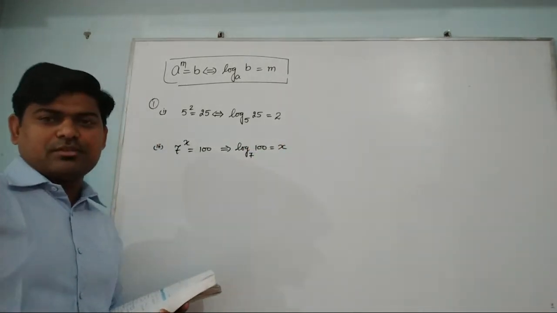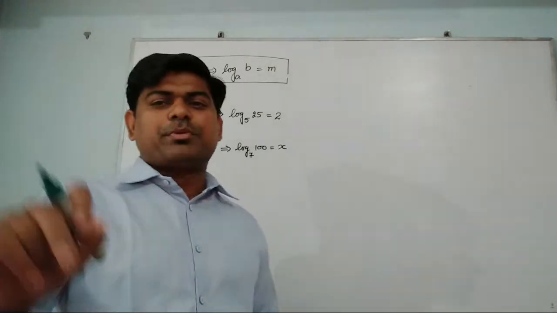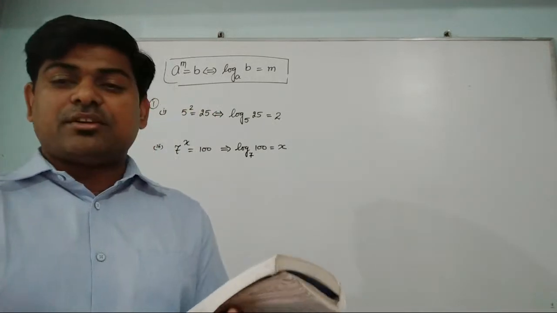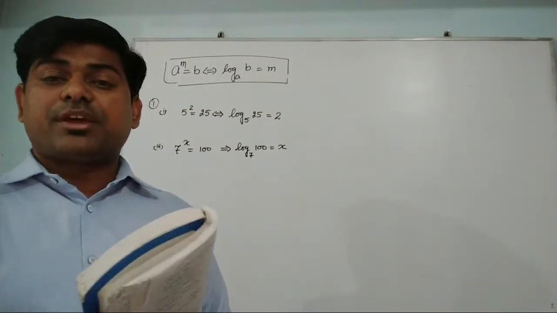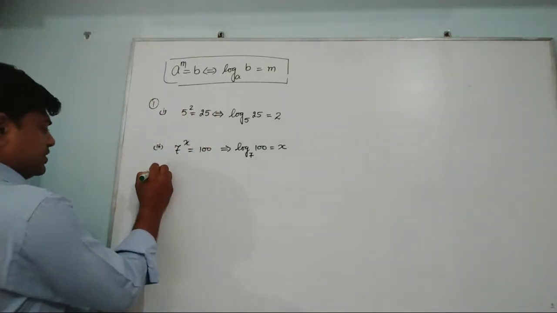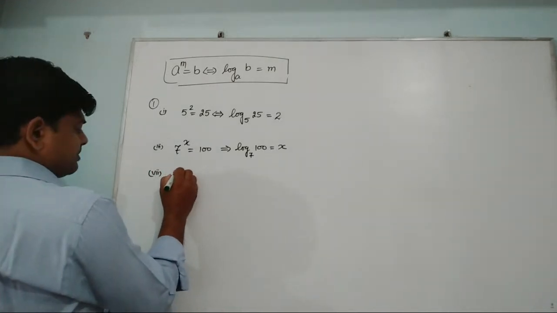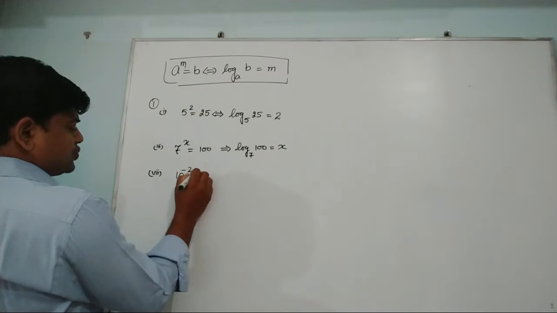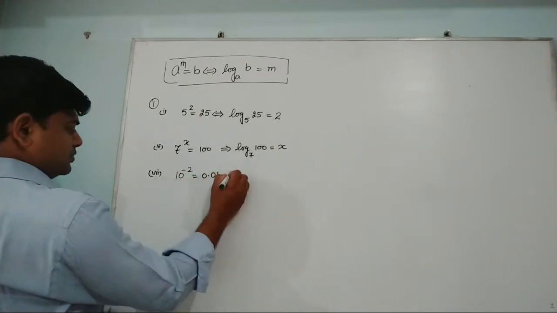Okay, you are getting it. Now there are two more parts I want to do. At one place a negative power is given, and at one place a fraction power is given. So I'm doing this one, and please see the seventh part. In the seventh part it is 10 to the power minus 2 is equal to 0.01.